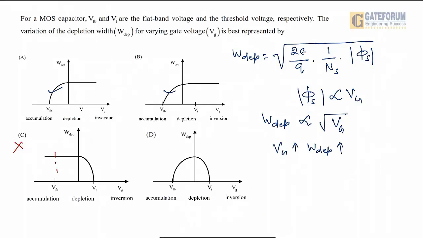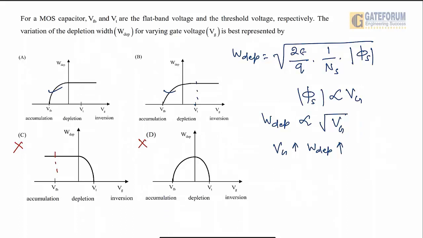But at threshold voltage, at this point of time, whatever depletion region is formed is called the maximum depletion region, and by that time it is going to be saturated. So in option D, in the inversion regime, it is not showing any change in the depletion region, but it is there with a constant value. So that is the reason option D is also discarded here.